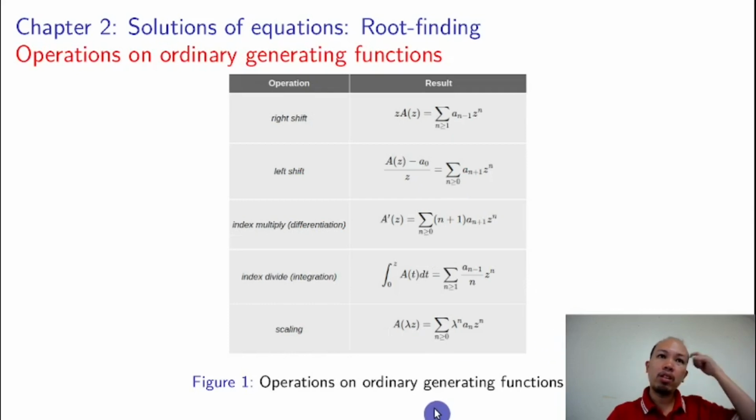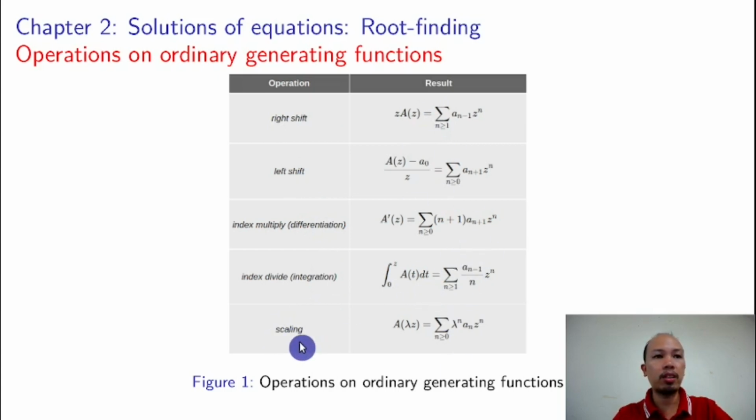Okay, for the operations, we will use these later when we try to get the closed form expression of the given recurrence relation. These operations are very important. You can do right shift, left shift, which I will illustrate later.